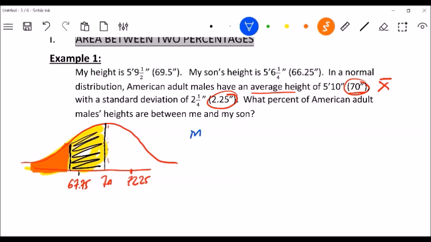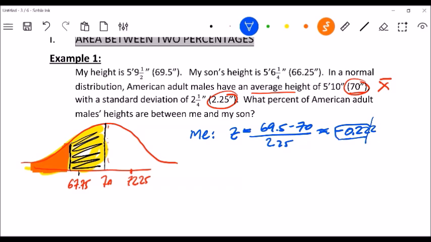So let's start with me. The z-score is equal to 69.5 minus 70 over 2.25, which comes to approximately negative 0.222, and so on. That's enough to simply say negative 0.22 is good enough as a z-score.